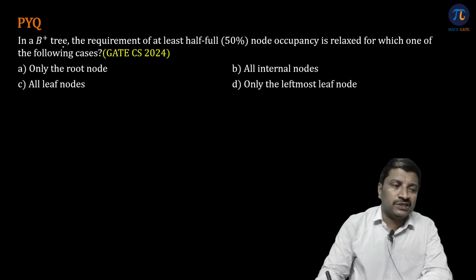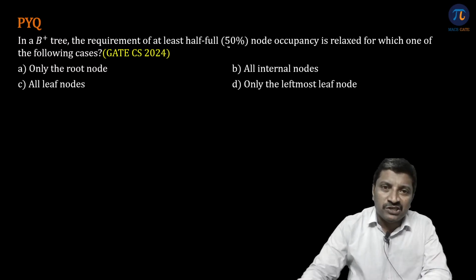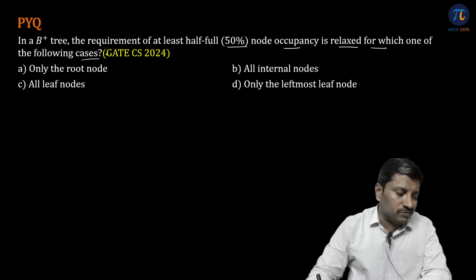The first question is, in a B plus tree, the requirement of at least 50% node occupancy is relaxed for which one of the following cases?